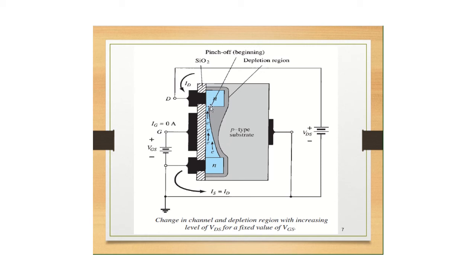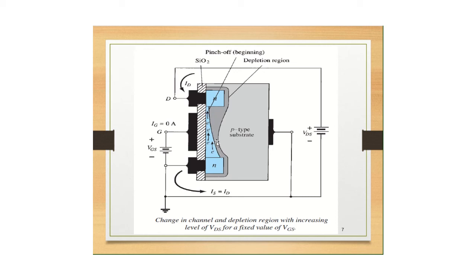So this reduction in the gate to drain voltage will in turn reduce the attraction of the free carriers, that is electrons, in this region. So if there are fewer free electrons, what does that mean? There is a reduction in the width of the channel, right?